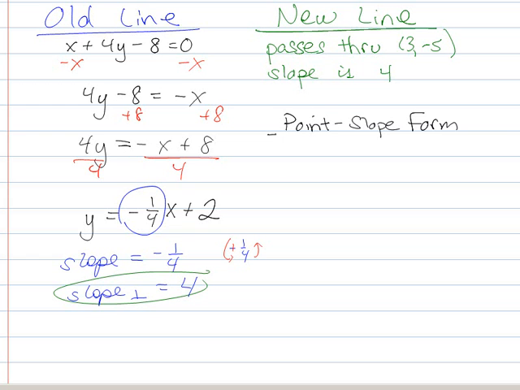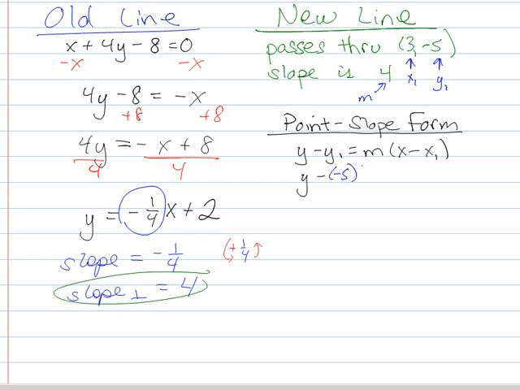All right. So we've got our general form. This is our m, our y1, our x1. y1 is -5, and our slope is 4, and our x1 is 3.